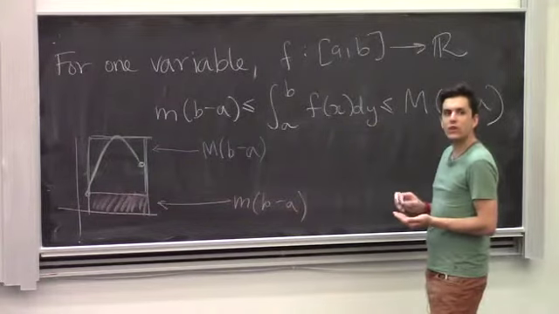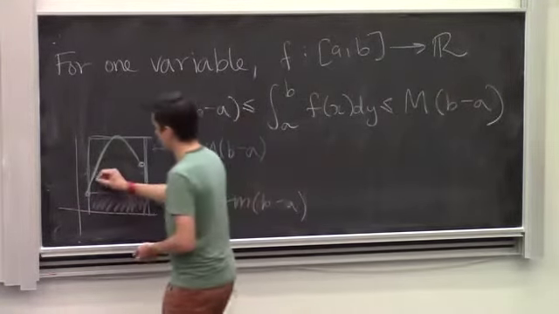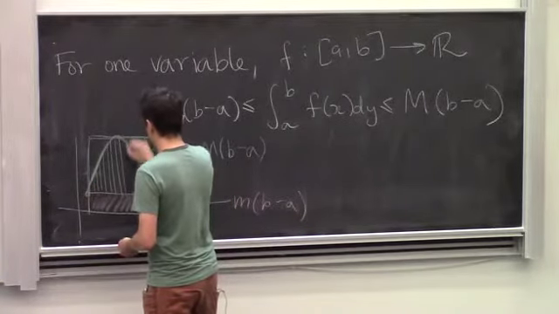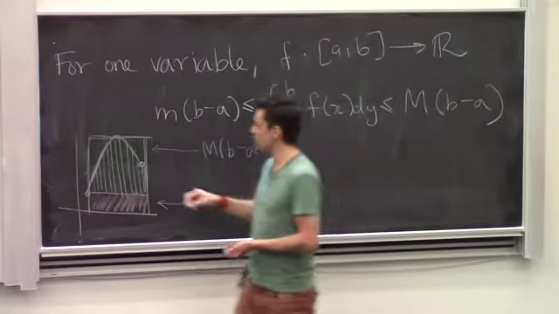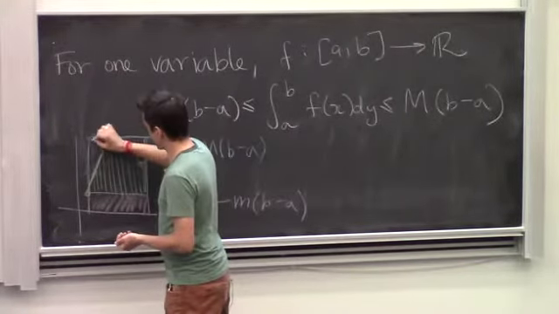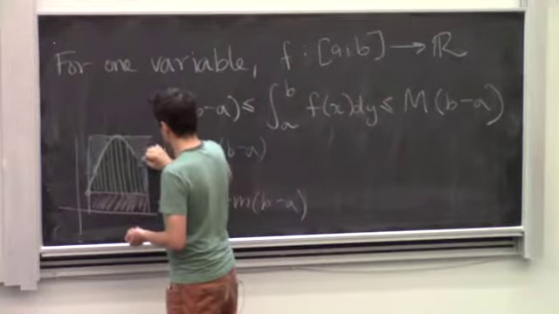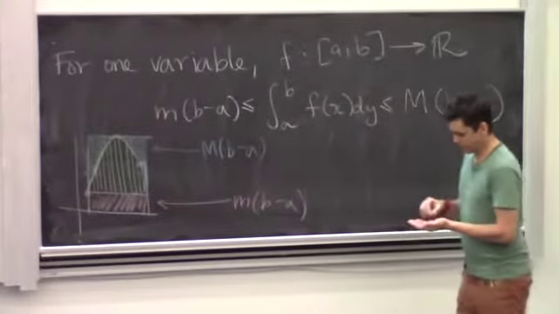And somewhere the area under the curve is going to lie between these two boxes. Okay, so it's going to fit somewhere in the middle there, between these two guys.